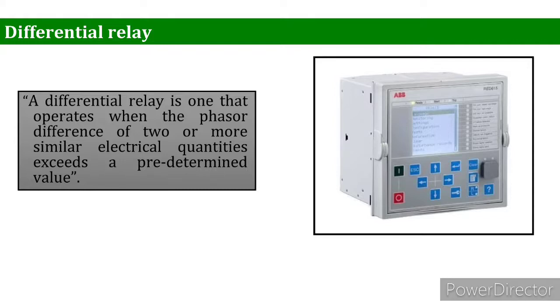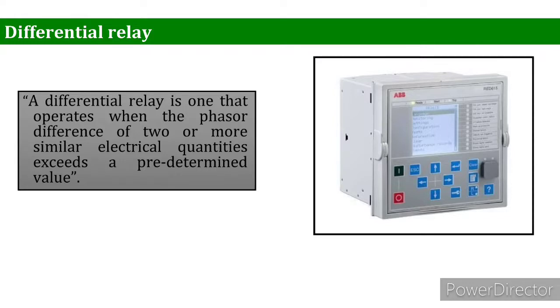If the current entering the protected line is more than the current leaving it, then the extra current must flow in the fault. Now, this difference between the two electrical quantities can operate a relay to isolate the circuit.